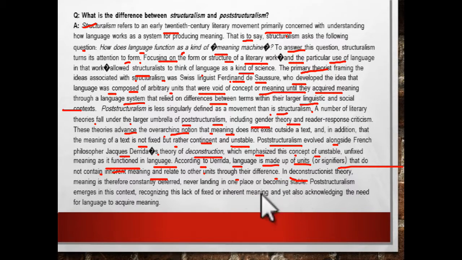In deconstructionist theory, meaning is therefore constantly deferred, never landing in one place or becoming stable. Post-structuralism recognizes language's lack of fixed or inherent meaning, yet also acknowledges the need for language to convey meaning.